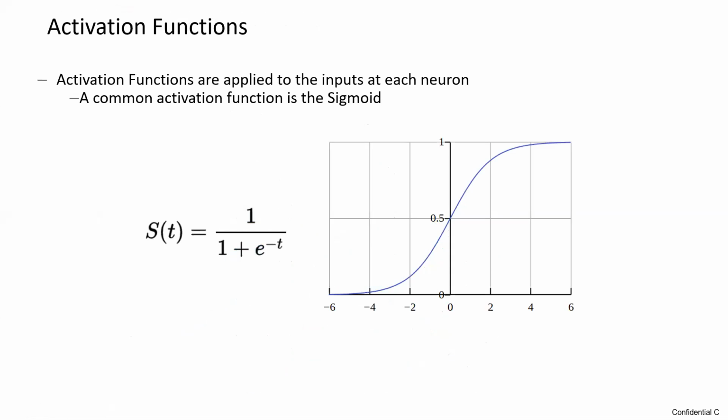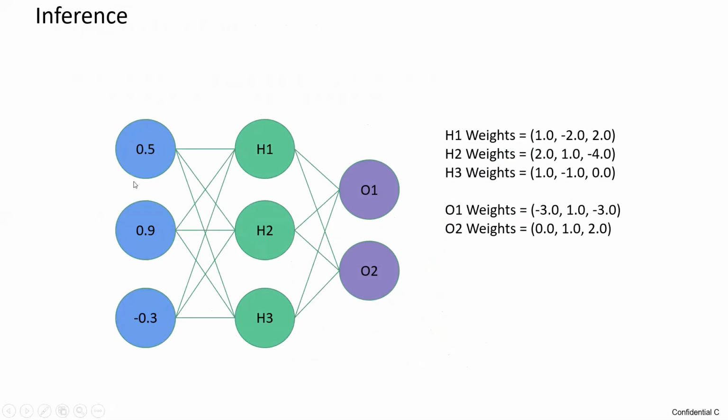So here, to compute the hidden layer values and the output neuron values, I'm going to use the sigmoidal activation function. Let's assume these are the values I have taken: 0.5 for input neuron 1, 0.9 and minus 0.3. Now the hidden layer has 3 neurons, H1, H2 and H3.